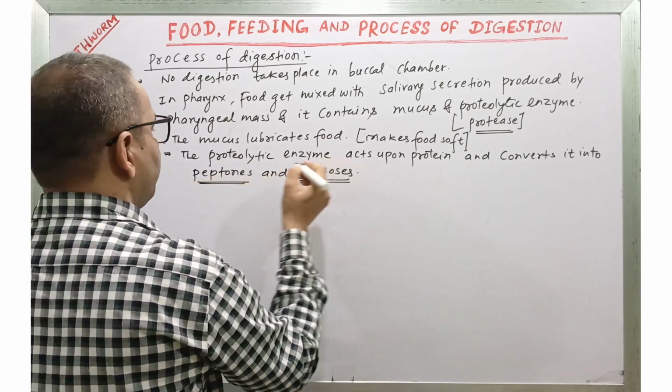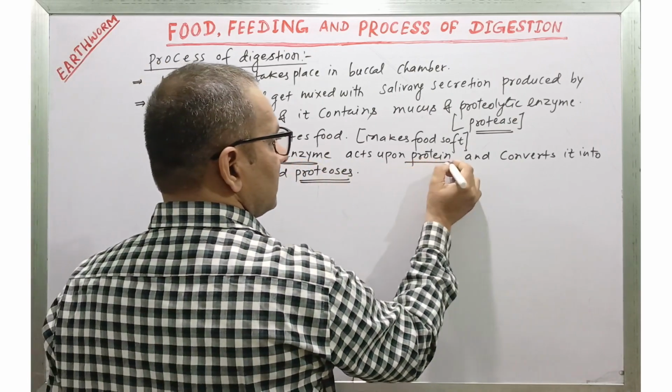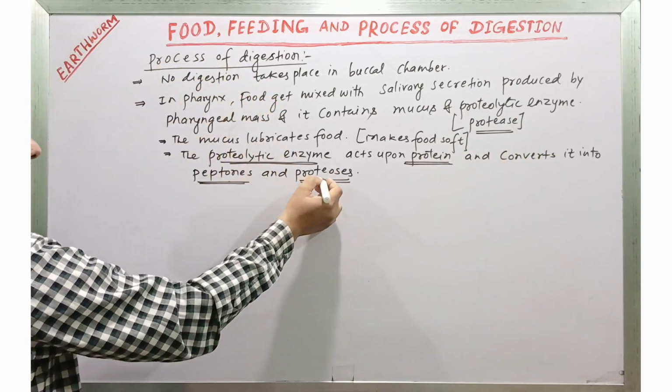So the proteolytic enzyme, which is also called protease, acts upon protein present in food and converts that protein into peptones and proteases.